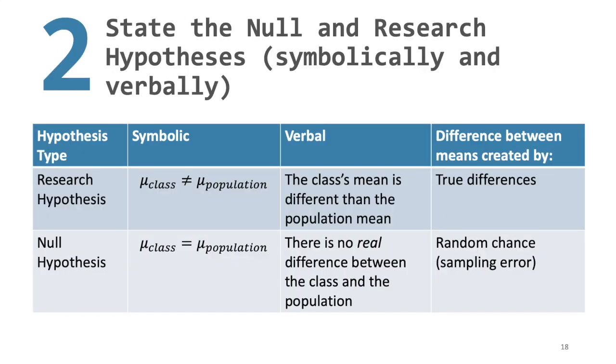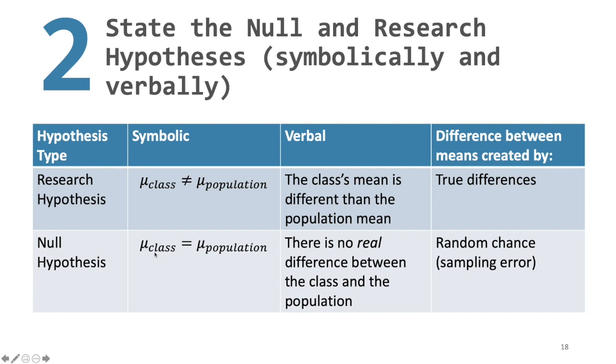Here, when we state the null and research hypotheses, the null is always that our sample and the population are the same. But note, we are using mu here, the funky U-looking thing, instead of capital M because we're talking about the population that these represent. So in this case, we are comparing our class.